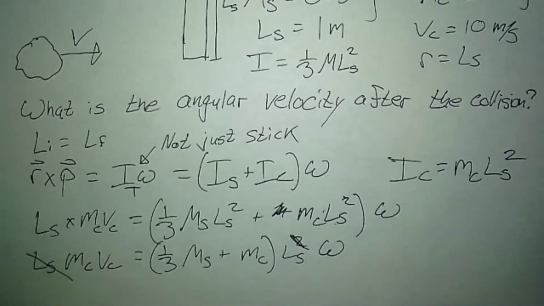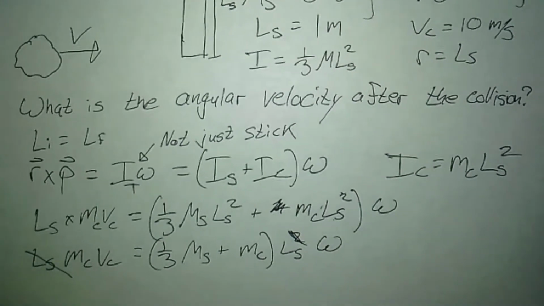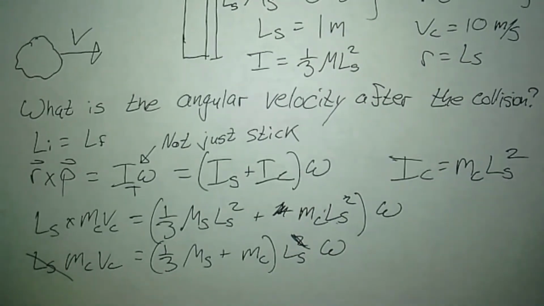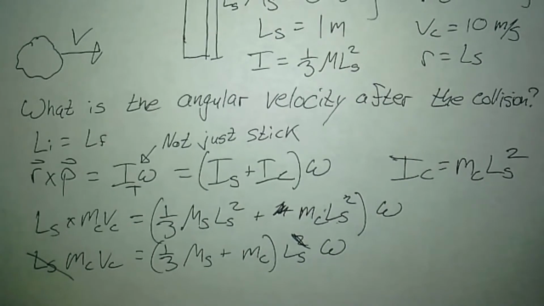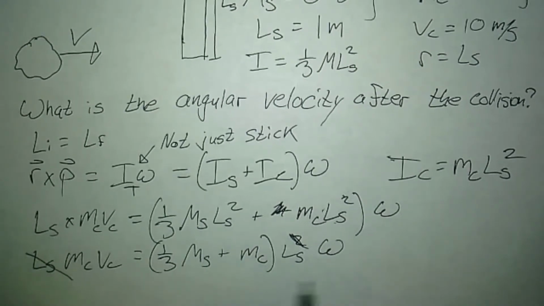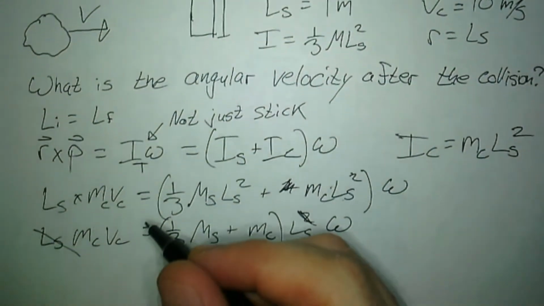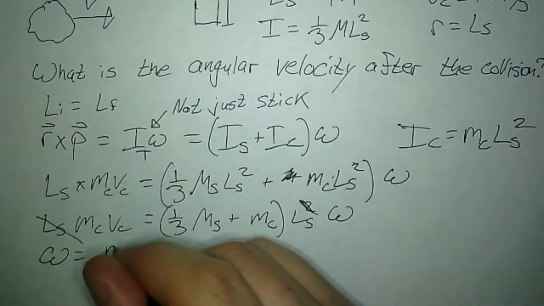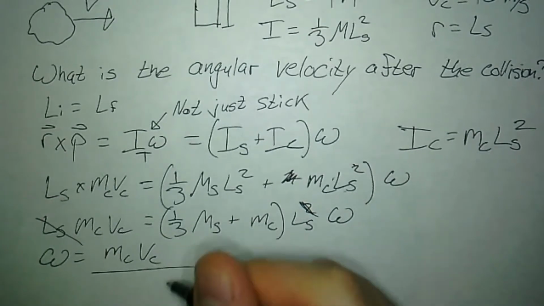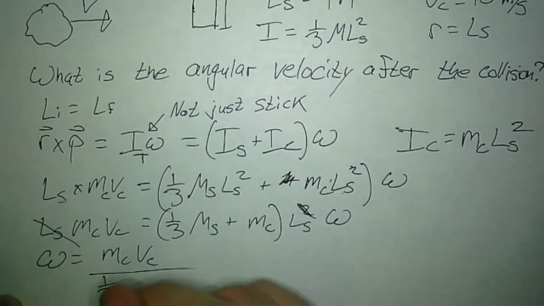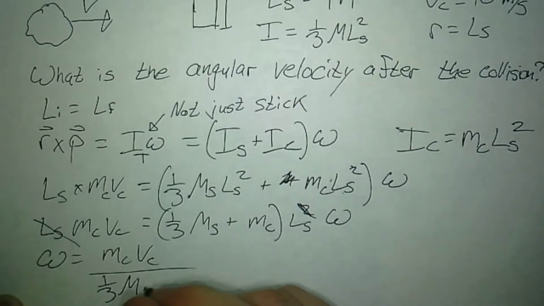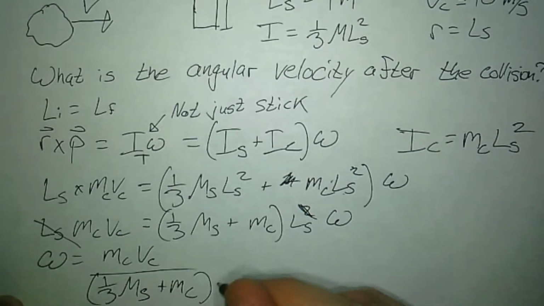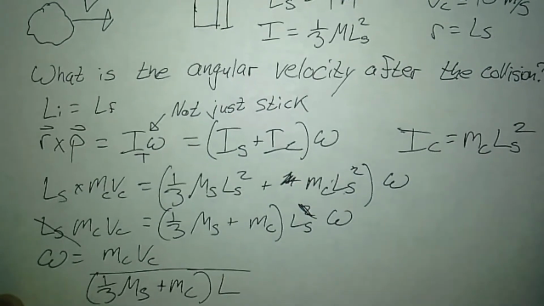Let's write it one more time, dividing by this sum of the masses to solve for omega: omega equals mc vc over 1/3 mass stick plus mass clay, times L.